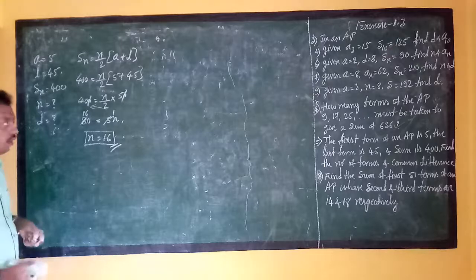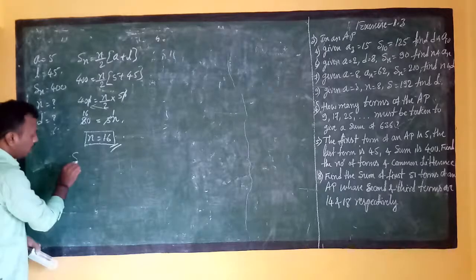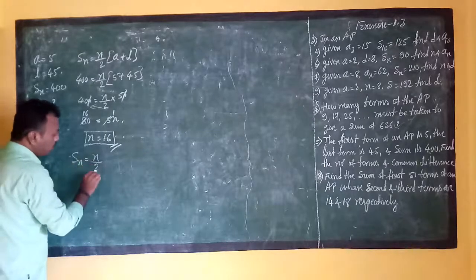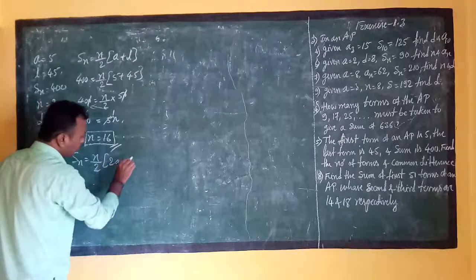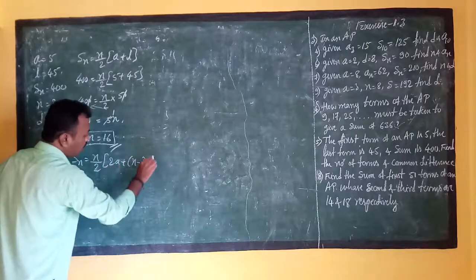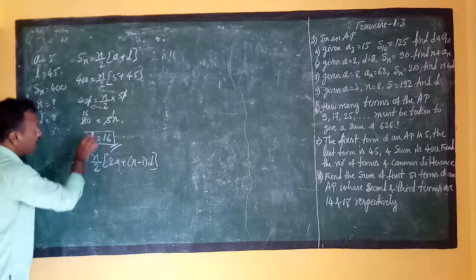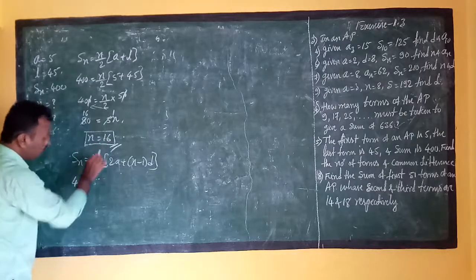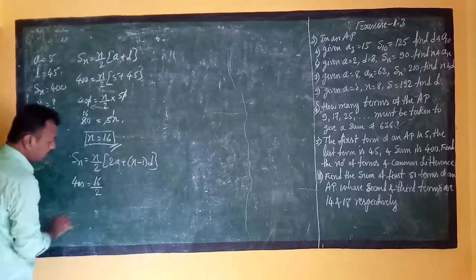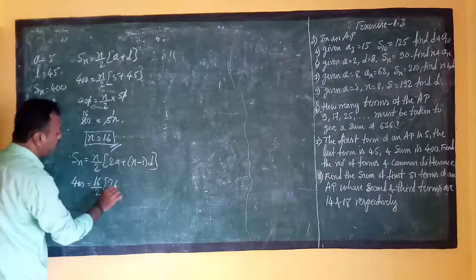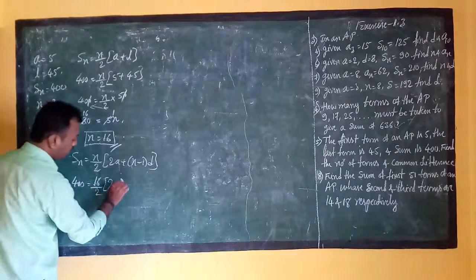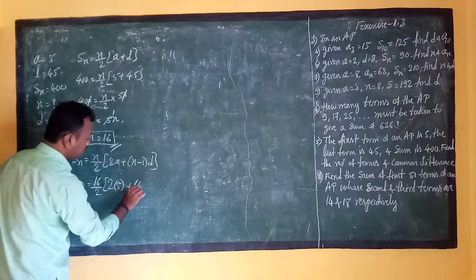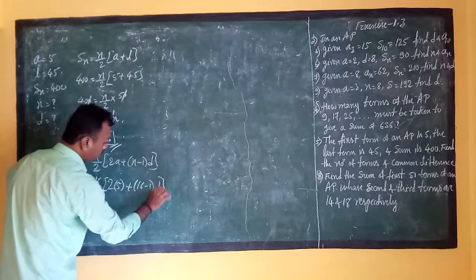Now we have to calculate the value of d. So that formula Sn is equal to n by 2 into 2a plus n minus 1 into d. Yes, students, Sn is 400. It is equal to n, which we already calculated as 16, by 2 into 2a, where a is 5, plus 16 minus 1 into d.